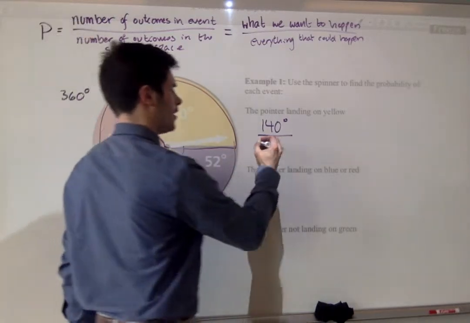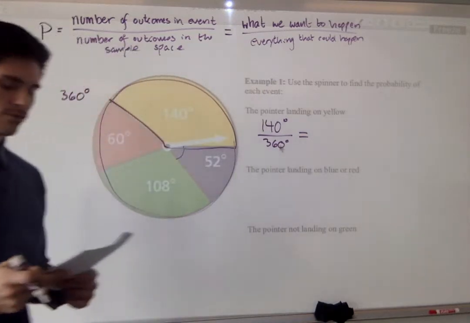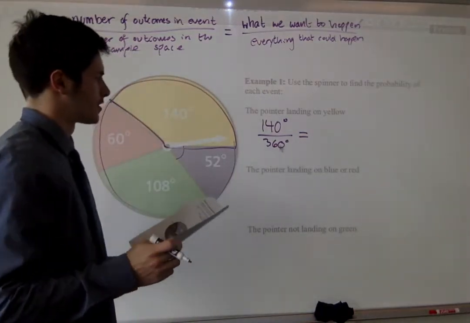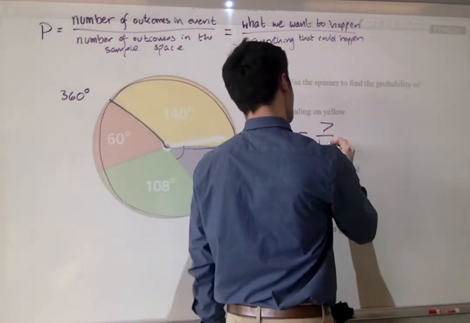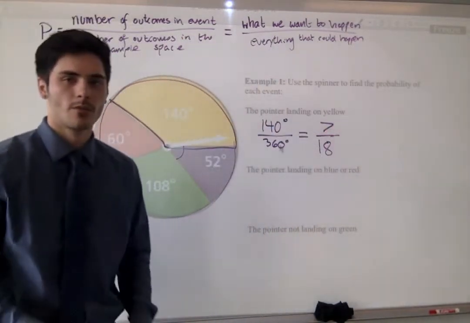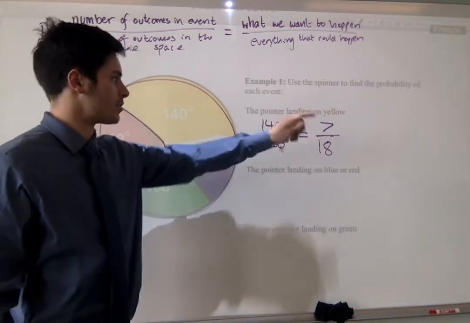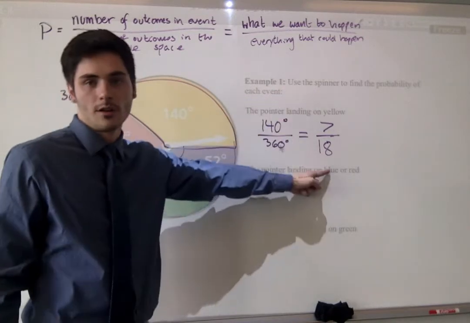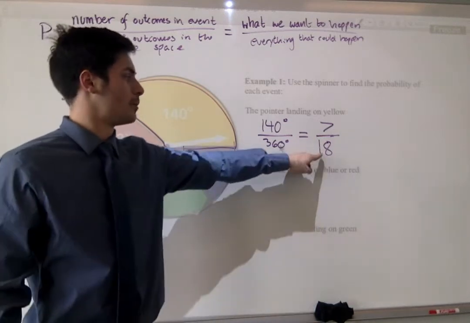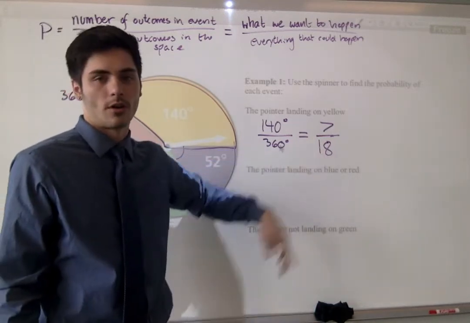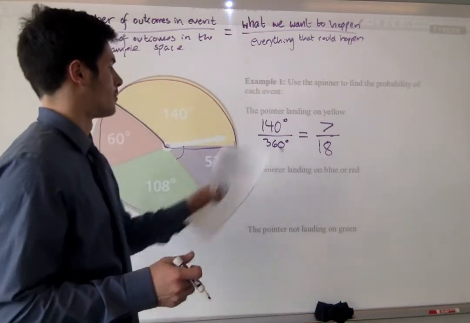So we'll do 140 out of 360, and that'll get us to 14 over 36, which is 7 over 18. And we can just keep it there. We're just reducing fractions, and we can treat this as a probability, or turn it into a decimal, or a percentage. But I'm just going to keep it here. You can go as far as you want, but 7/18 is the correct number there.